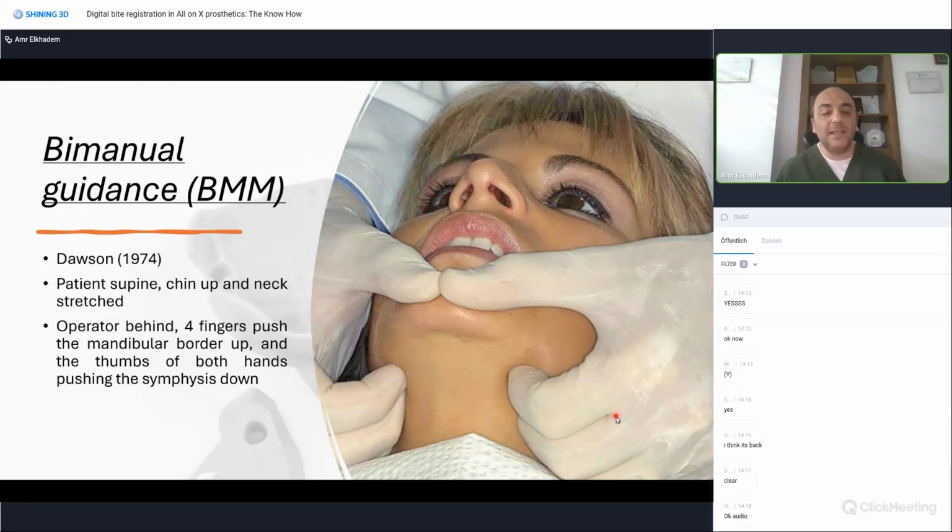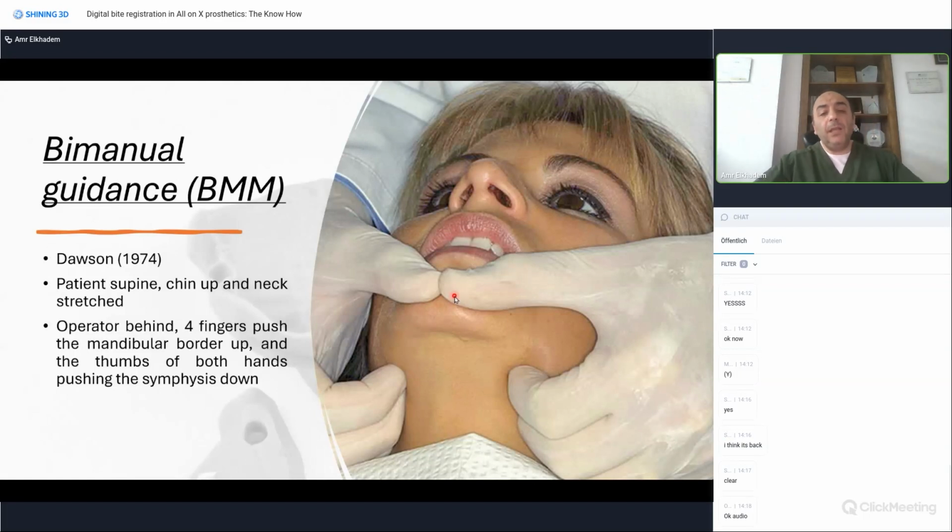And the bimanual guidance means that you're gonna put the patient in a semi-reclined position, maybe 45-degree or maybe more reclined, and you start placing the 4 fingers probably at the inferior border close to the angle, and the 2 thumbs from the 2 sides at the chin.